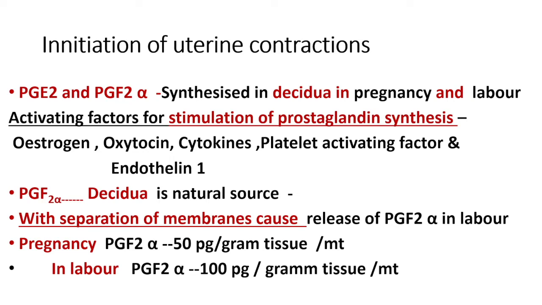In pregnancy, the amount of prostaglandin F2 alpha which is synthesized is 50 picogram per gram tissue of the myometrium per minute, and in labor it is 100 picogram per gram tissue per minute. So the quantity differs in pregnancy and in labor.